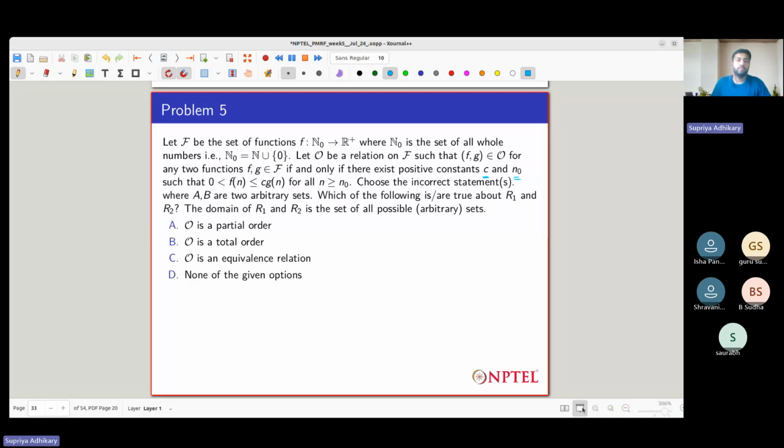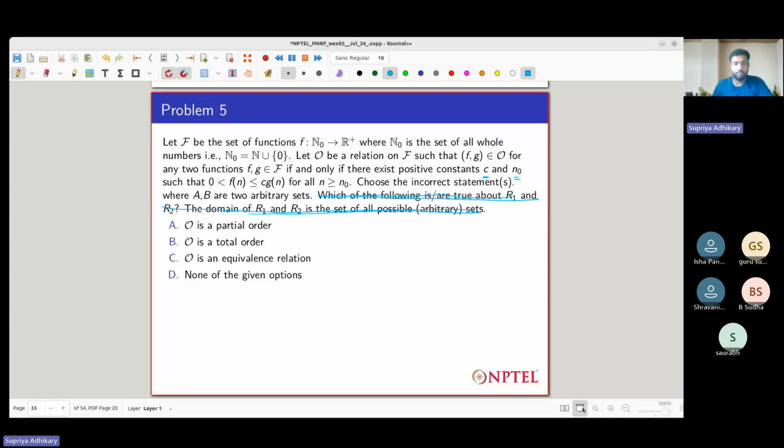So now we have to see whether this relation... Oh, sorry about this. This is the same thing that I have copied from the previous.